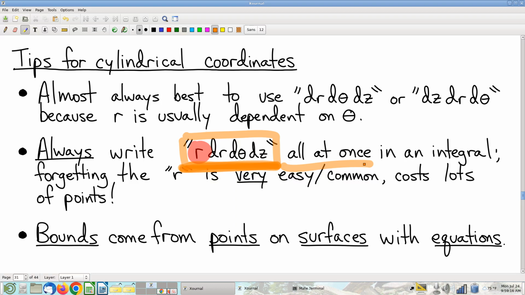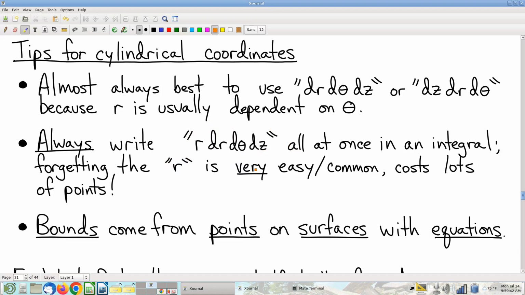Why would you write it down by itself? It's just creating an opportunity to accidentally, easier than you would think, forget and thus miss a bunch of points. So it makes no sense at all, and I strongly advise that you make a deliberate habit of always writing down this whole thing together all at once, just to spare yourself your own inadvertent mistakes.